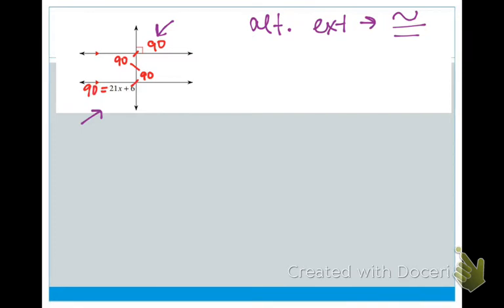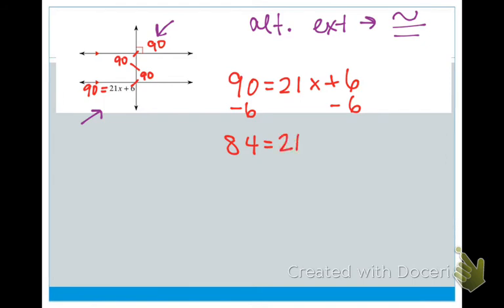So either way you had done it, 21x plus 6 will equal 90. Is everyone okay with that? Okay, then we would solve. We get 84 equals 21x. Divide by 21. What does x equal? 4.